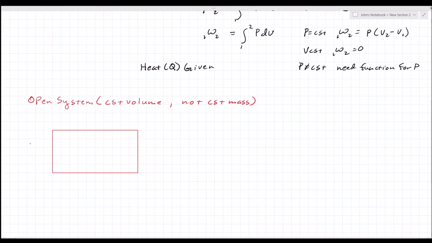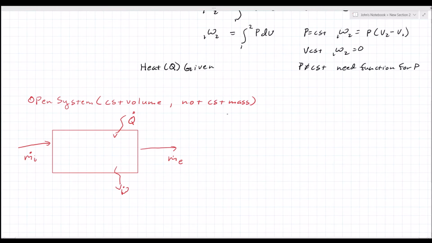And I have some amount of mass flowing in at some rate. I have some amount of mass flowing out at some rate. I have some amount of heat being pumped into the fluid at some rate. And I have some amount of power being done by the fluid at some rate. Well, how do I analyze that? You'll notice these are all rates.